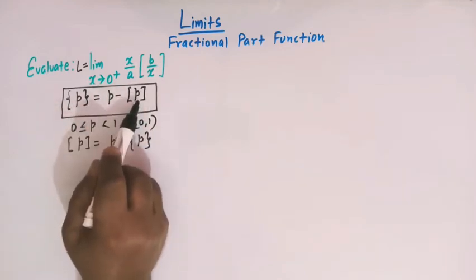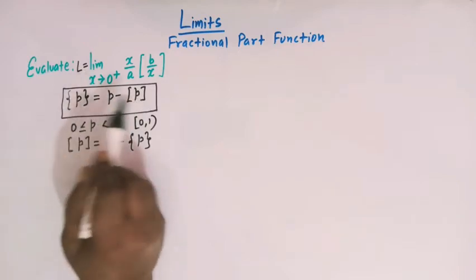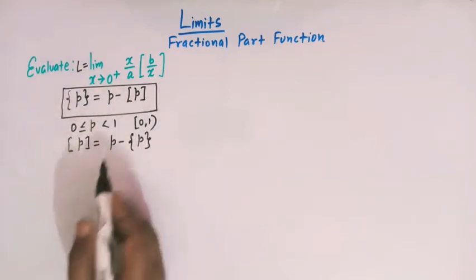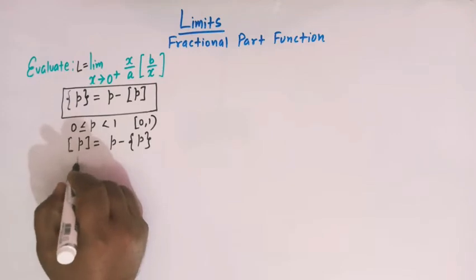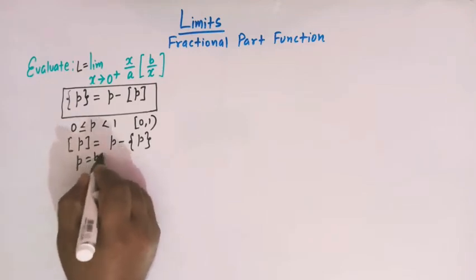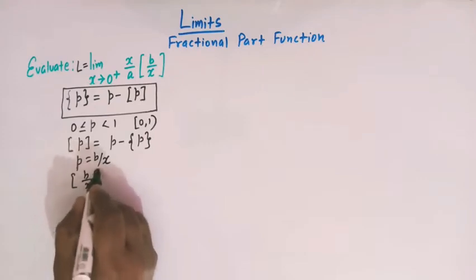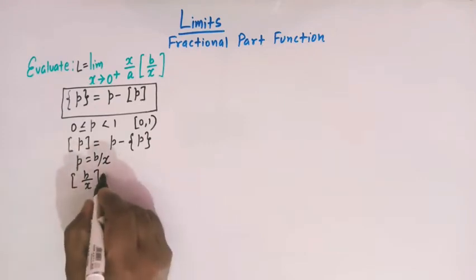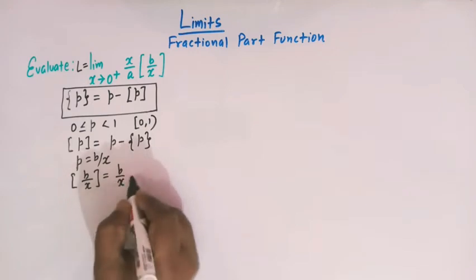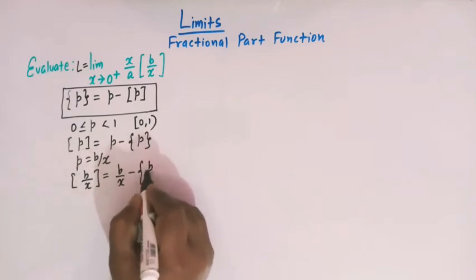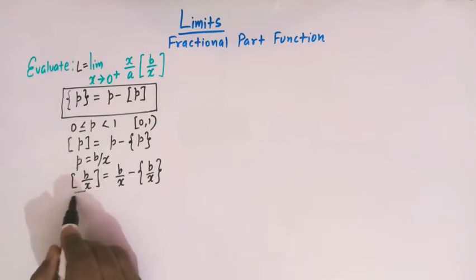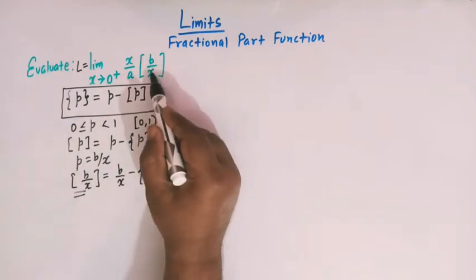Now if we take p equal to b over x, then we have the greatest integer of b over x as b over x minus the fractional part of b over x, right? Now we'll substitute this value over here.